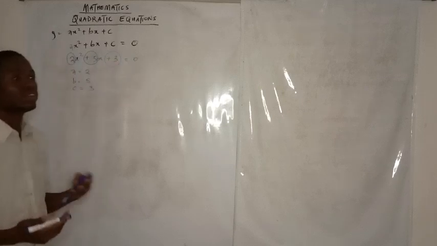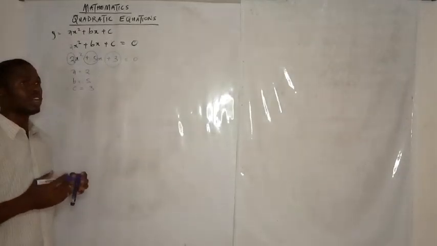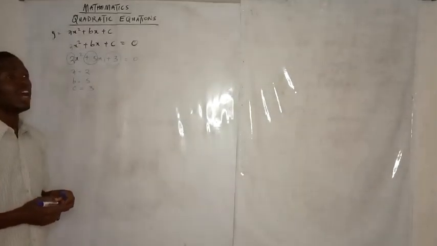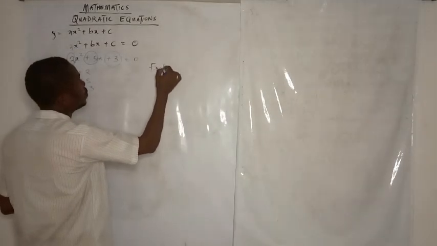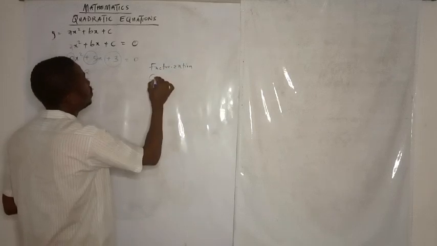There are other quadratic equations as well. Now, there are methods of finding the solution to a given quadratic equation. Actually, there are 4 methods. The first method is the factorization method. The second method is the completing the square method.